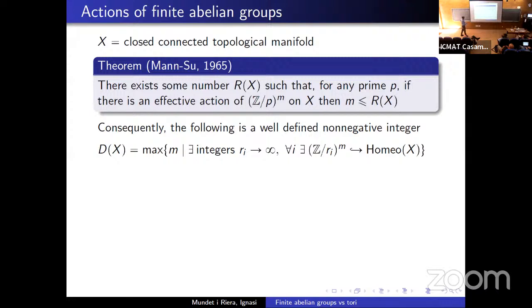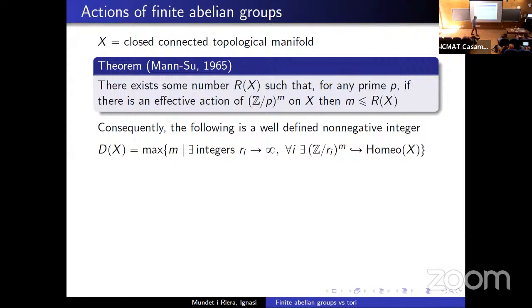Let's define D of X, where X is still a closed connected topological manifold, to be the maximal m for which there exist integers r_i going to infinity, and for each i, an effective action of (Z mod r_i)^m on X. Okay, so this denotes an injective morphism.